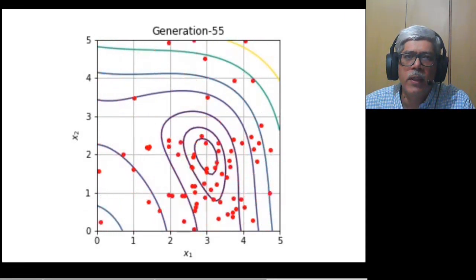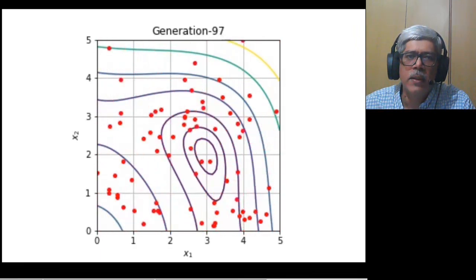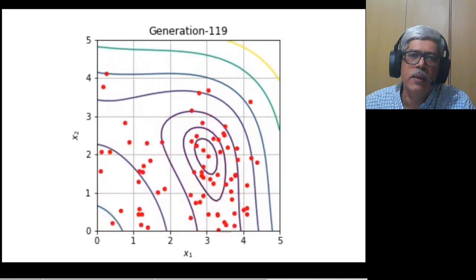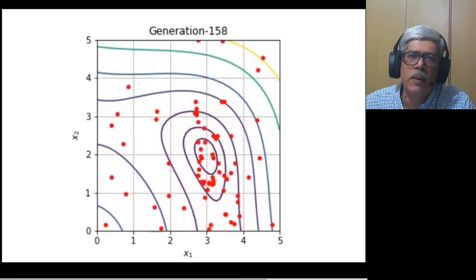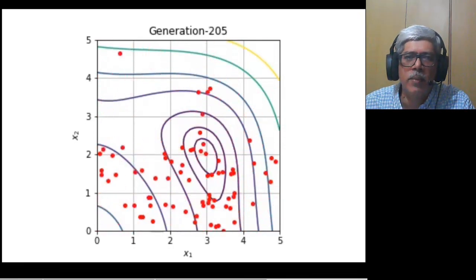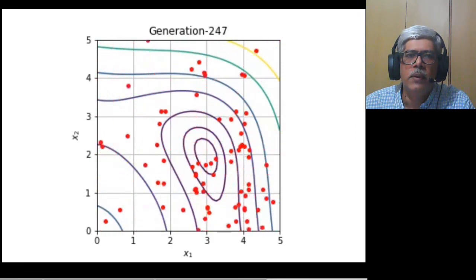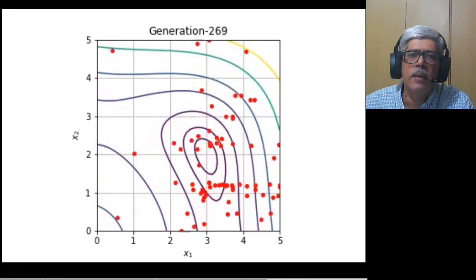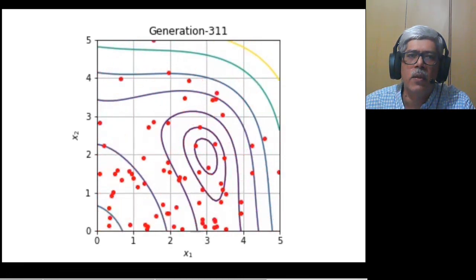As you can observe here, the population is continuously moving and diverging from the global optima. A few of the population members may be towards the global optima, but in general the solution is not converging, or the population members are not converging.